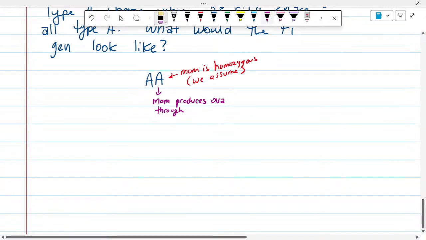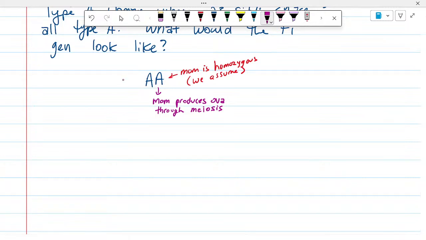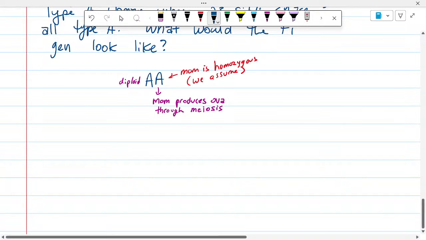When she produces that, she is diploid, right? But are her ova diploid? Are egg cells diploid? Do they have 2 copies? No, they don't. They are, what's the other word? Haploid is correct.